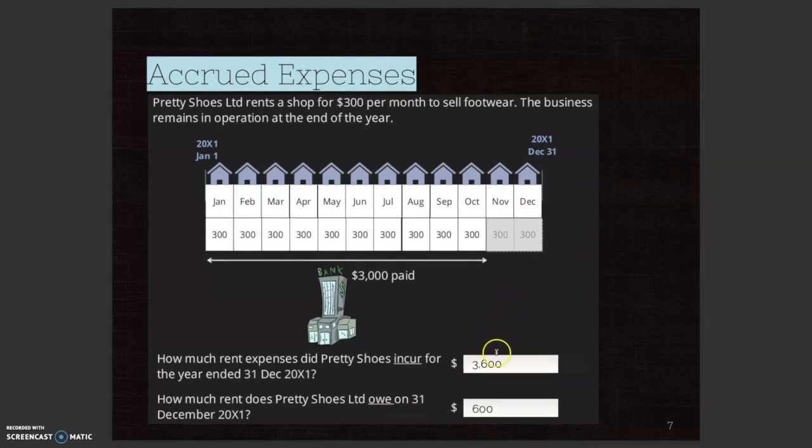Okay, the correct answer is 3,600 for the amount of rent expense you incurred. You get this by multiplying $300 with 12 months. Okay, so it doesn't matter how much you have paid. Okay, so the amount that you should record in your income statement is 3,600. You paid 3,000. That is not enough. That's why you have a shortfall of 600. We call this accrued expense.